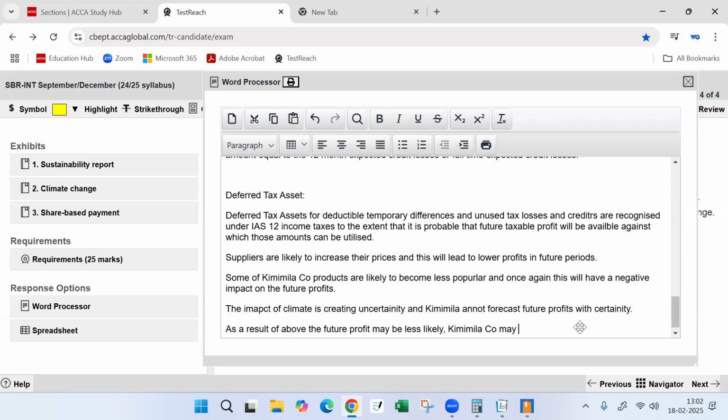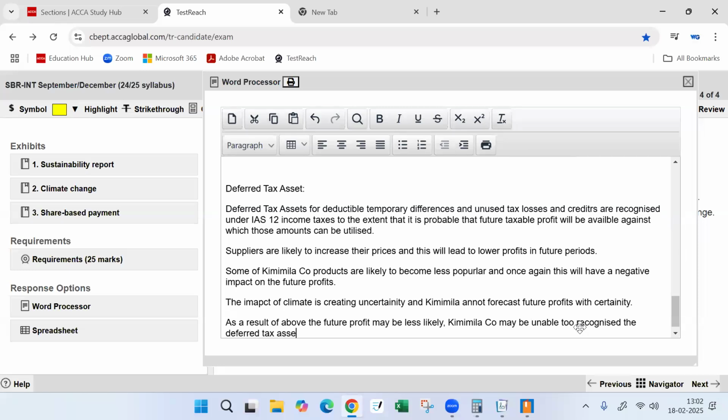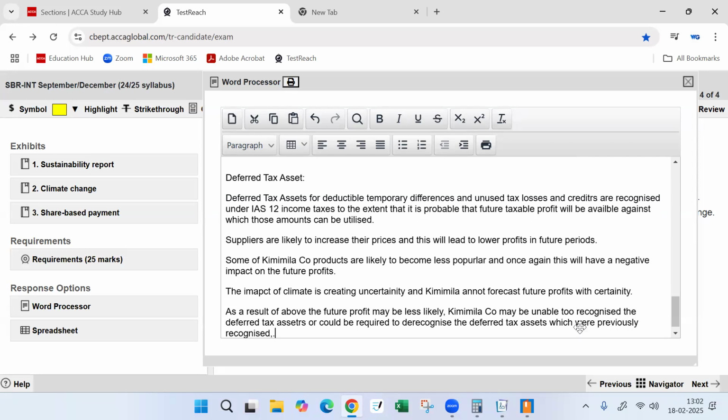Kimimila may be unable to recognize the deferred tax assets or could be required to de-recognize the deferred tax assets which were previously recognized.